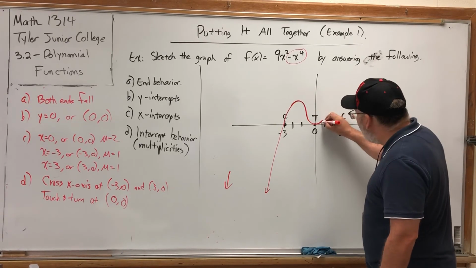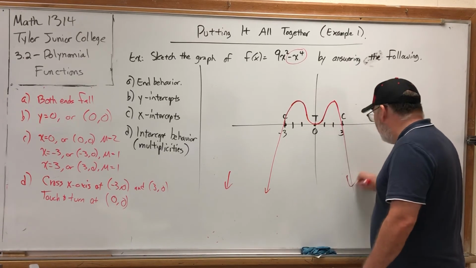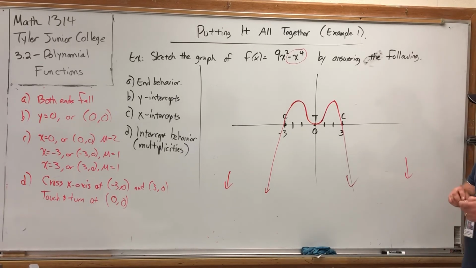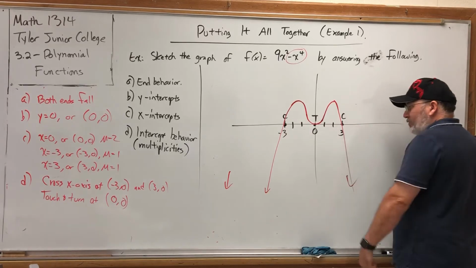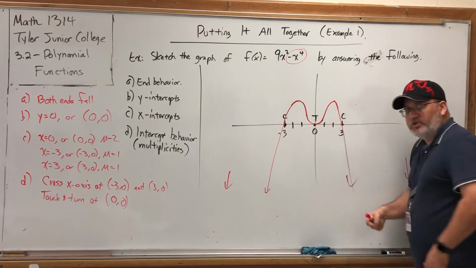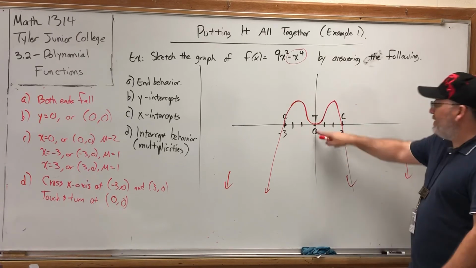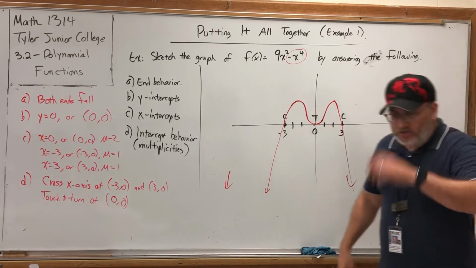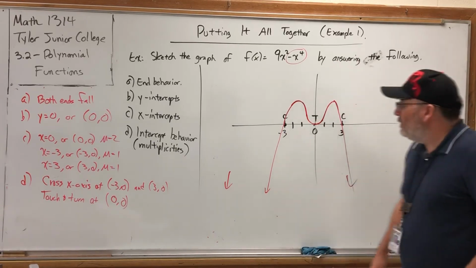How high and where are questions we can't answer without calculus or technology. So we'll just go up somewhere. This does everything I said it needed to do. Ends fall, correct y-intercept, correct x-intercepts, crosses where it's supposed to, touches and turns. As far as the maximums and minimums, well, this minimum we know because it touched and turned. But the maximums without calculus, we couldn't locate them precisely, so we could just freehand it.